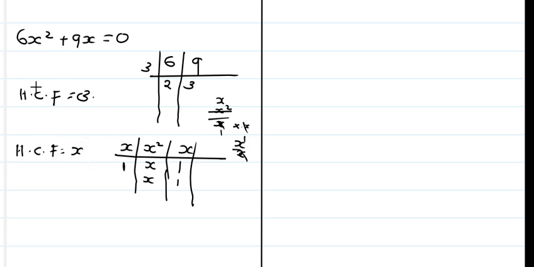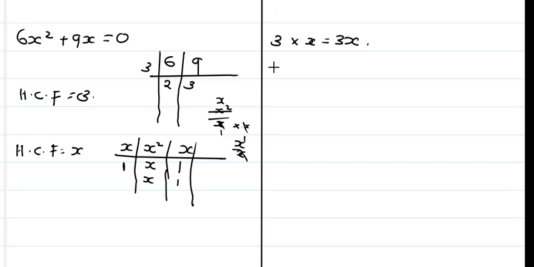Now, to get the combined HCF, I take the HCF of the variables multiplied by the HCF of the numerals. So I take 3 multiplied by x, which becomes 3x. That is the combined HCF, the highest common factor.